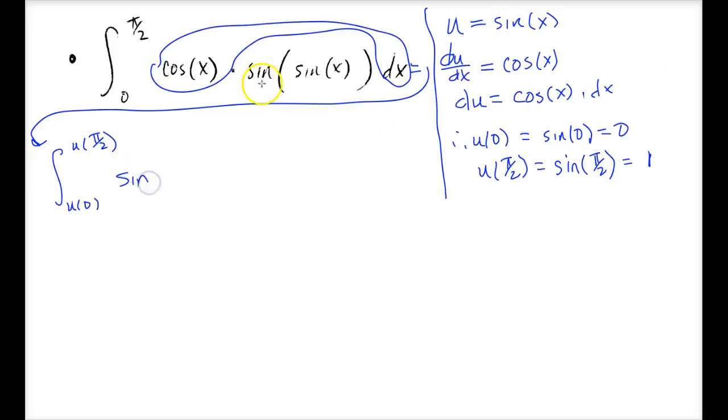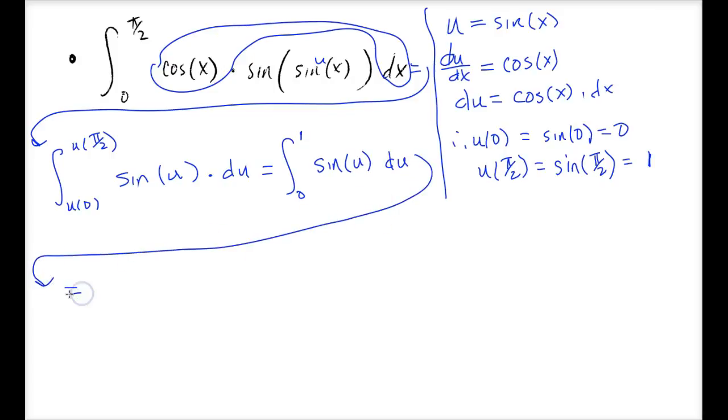So we'll have sine of u, and then the cosine x dx gets replaced by du. So from here we know that u of 0 is 0 and u of pi over 2 is 1, and that will be from the sine of u du. Now we just do the antiderivative of sine, which is minus cosine of u, and we will evaluate it from 0 to 1.